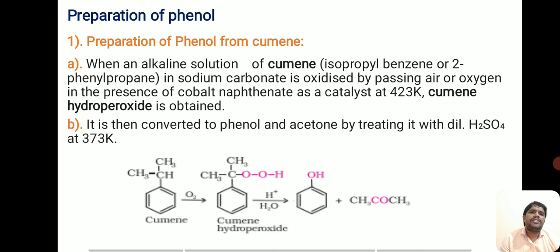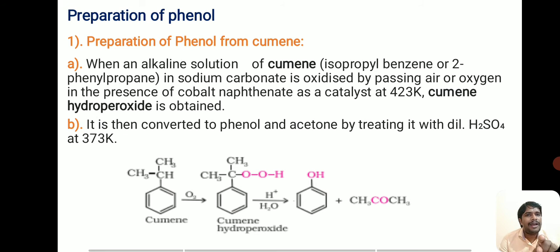Coming to the preparation of phenol, we have a few methods. The first one is preparation of phenol from cumene. Cumene is isopropyl benzene or 2-phenyl propane.